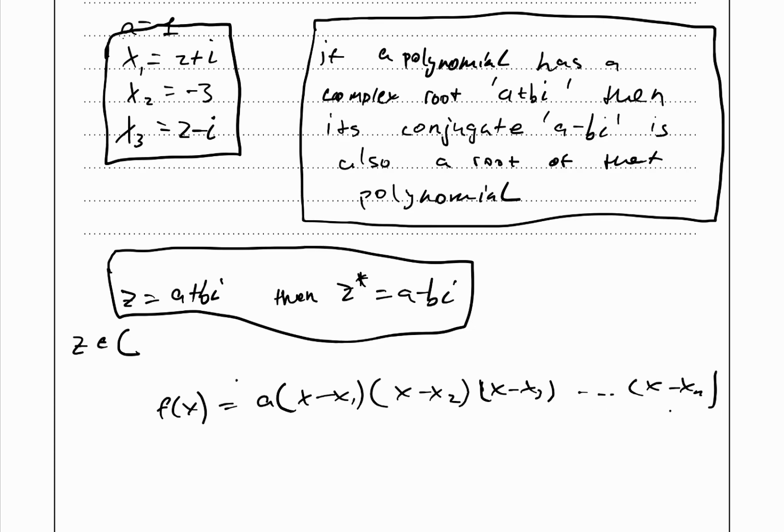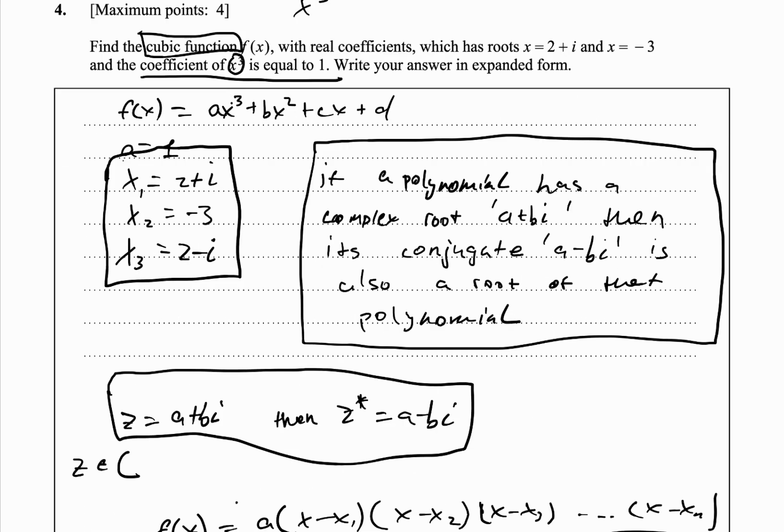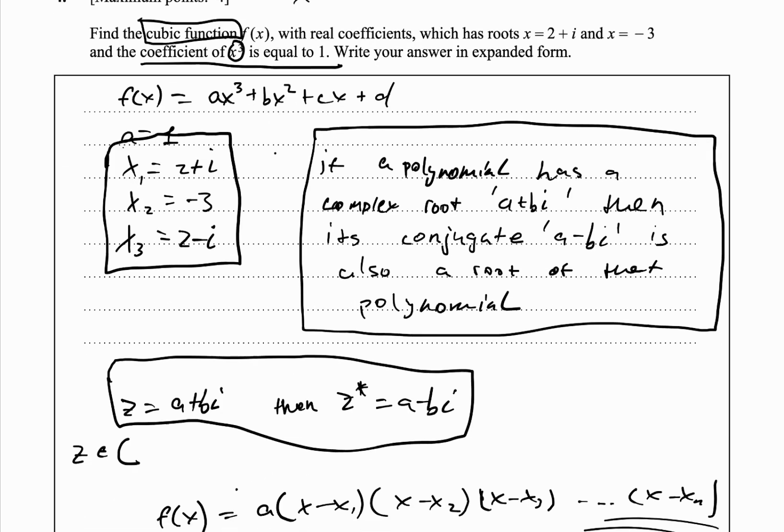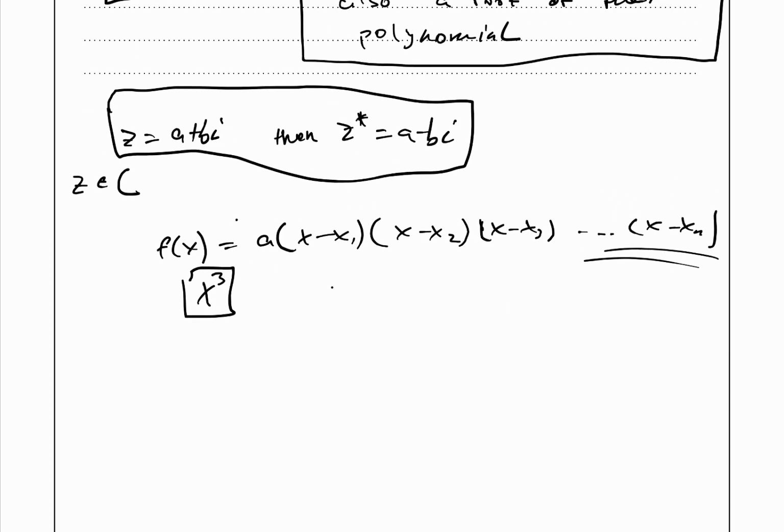Now this n depends on how many roots a polynomial has. In this case, the polynomial is to the power of 3, so the degree is 3, and it has to have 3 solutions, no matter what. So we have to write it in this form, okay?